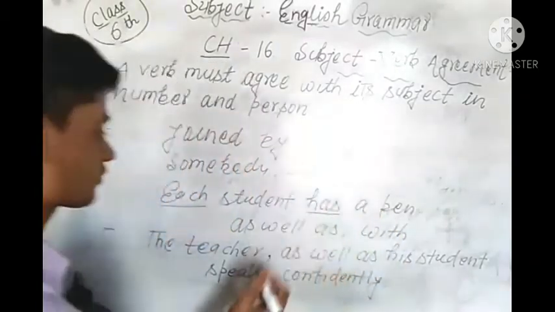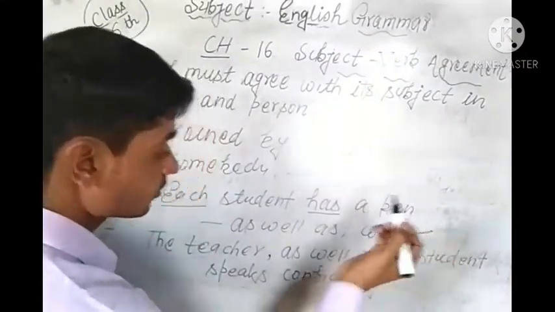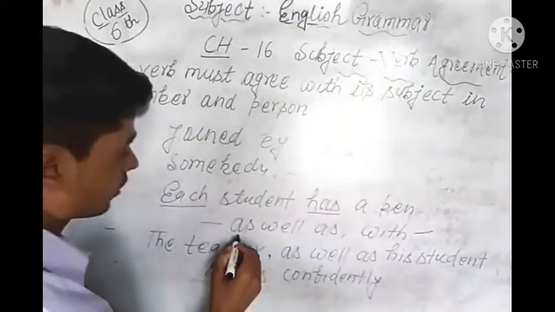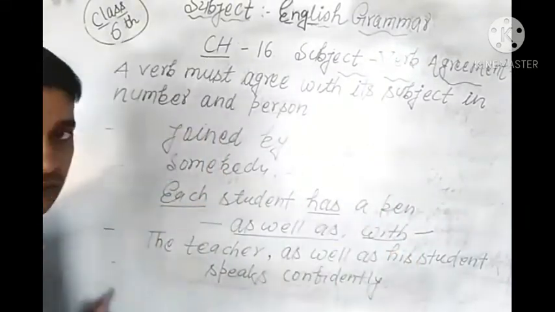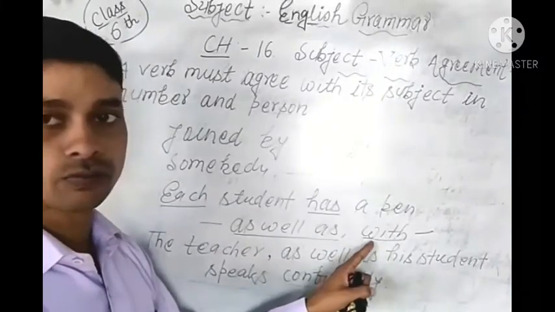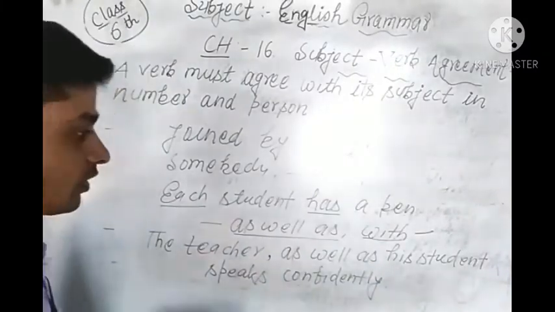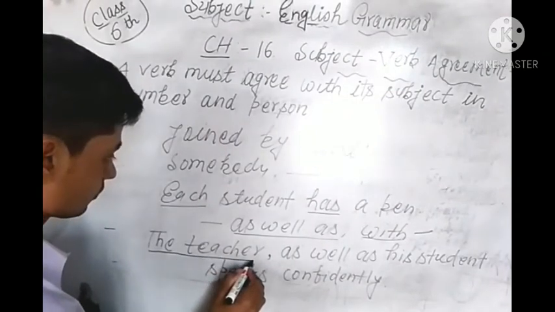Okay, what is the formula? If two nouns are joined by as well as or with, then we use the verb according to the first noun.